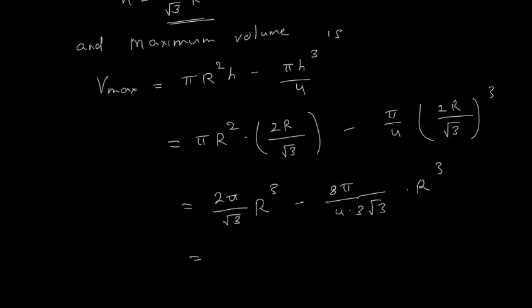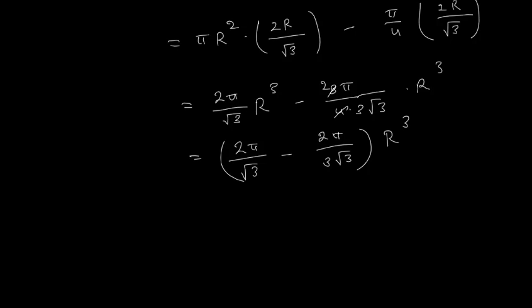R cube is common, so I write 2 pi upon root 3 minus 2 pi upon 3 root 3, into R cube. We can take 2 pi common.